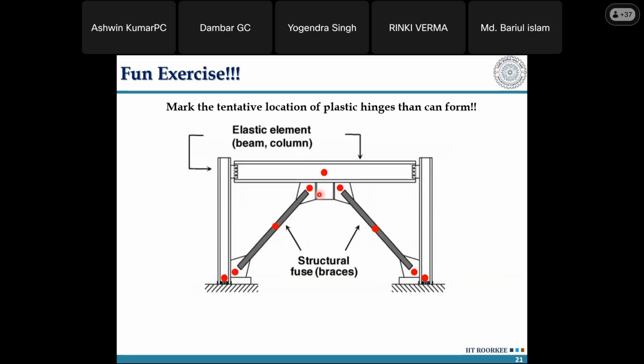So if you look at this location, if I draw a tension force here as the peak value, the compression force in the post-buckle regime may be a lower value. If I resolve the forces here, you'll find that there will be an unbalanced vertical force and a horizontal force that is going to come here.